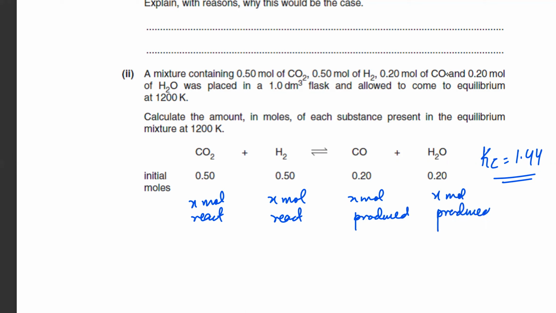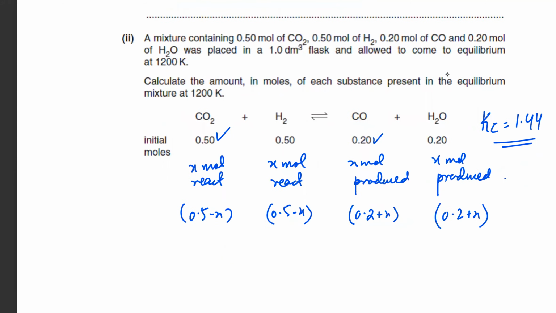And for the rest, this would be 0.5 minus x because there were 0.5 initially. Now x moles react, so you're left with 0.5 minus x. This would be 0.5 minus x as well. And here there was 0.2, x moles are getting produced, so this would be 0.2 plus x, and this would also be 0.2 plus x. Now put it in the Kc expression.